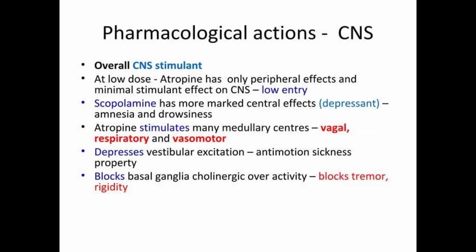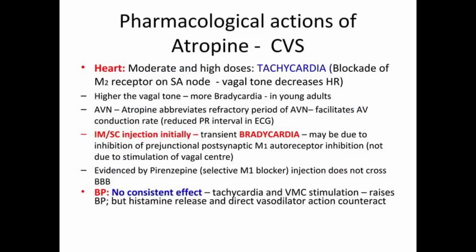Atropine also stimulates other centers: the vagal center, respiratory center, vasomotor center. It has an anti-motion sickness property. That's why I'm telling you, scopolamine or hyoscine butyl bromide is well used for motion sickness. Very good drug. It also blocks ganglionic cholinergic overactivity. It can block tremor and rigidity, although it's not a fundamental drug for that.